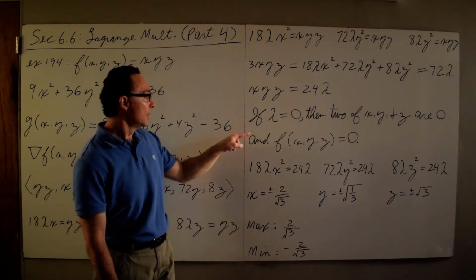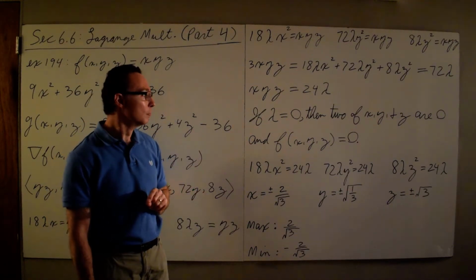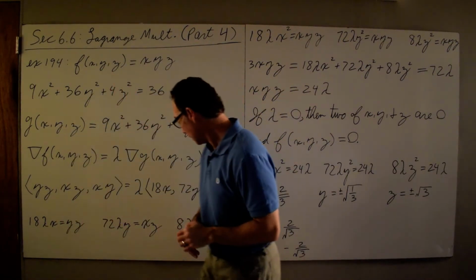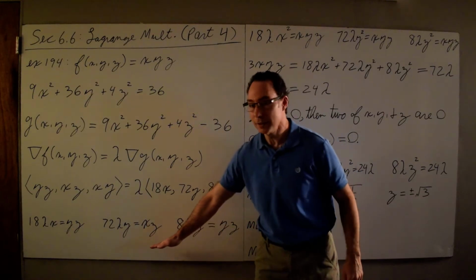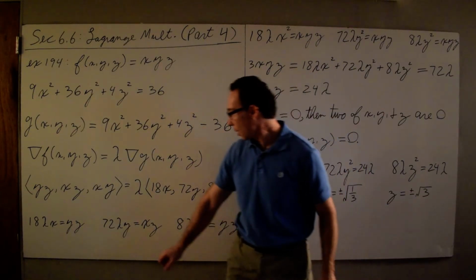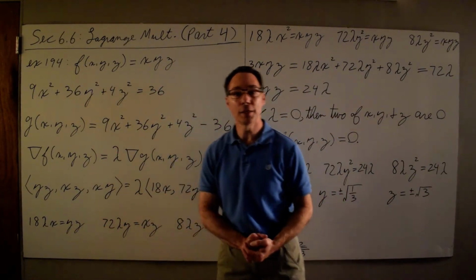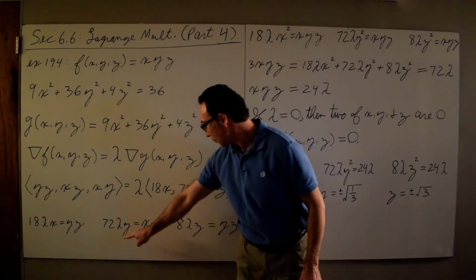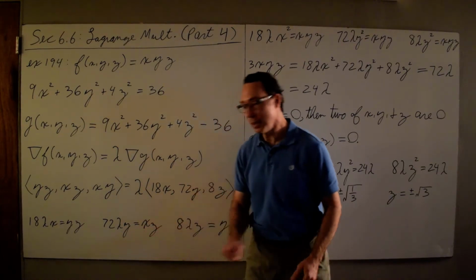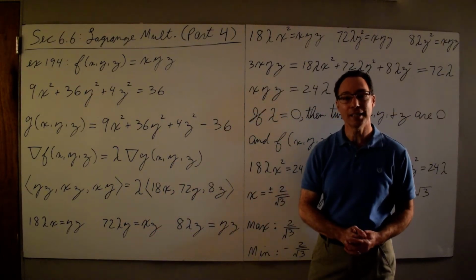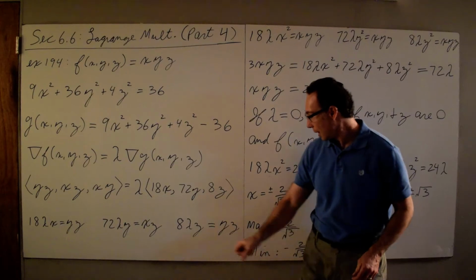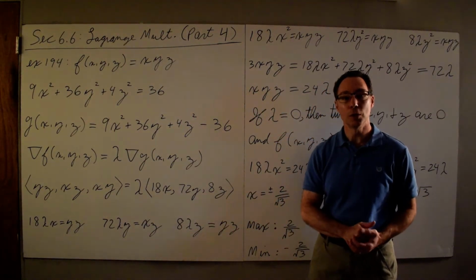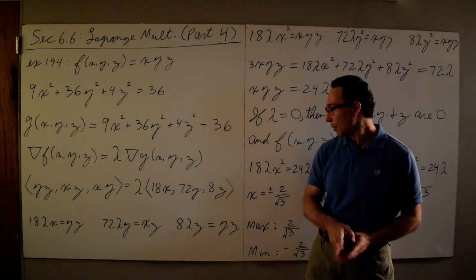Now, if lambda is 0, then 2 of x, y, and z are 0. Why? Let's go back here. If lambda is 0, then yz = 0, which means 1 of y and z is 0. If lambda is 0, xz = 0, which means 1 of x and z is 0. And if lambda is 0, then xy = 0, which means 1 of x and y is 0.